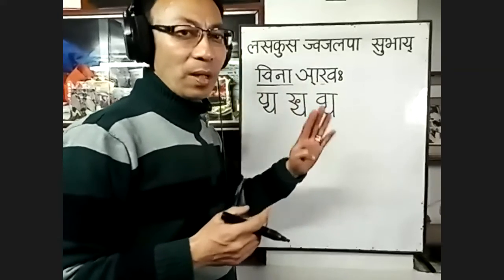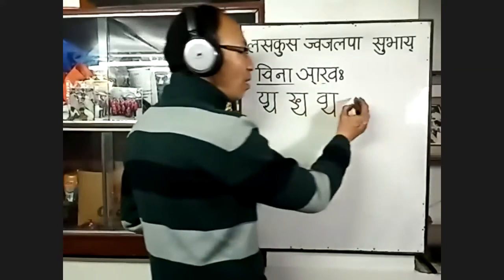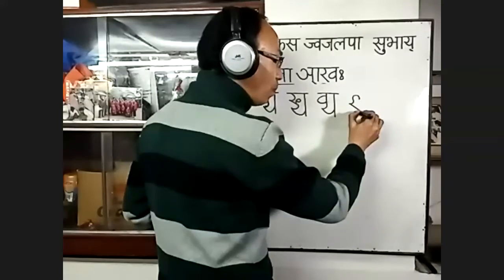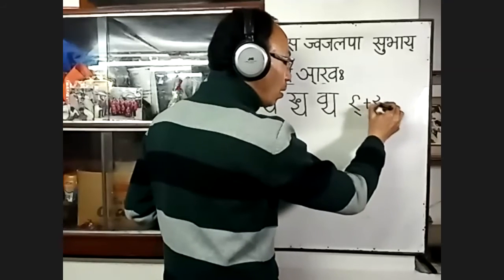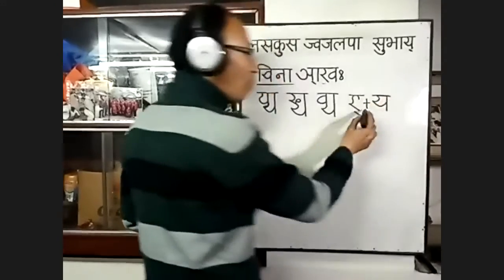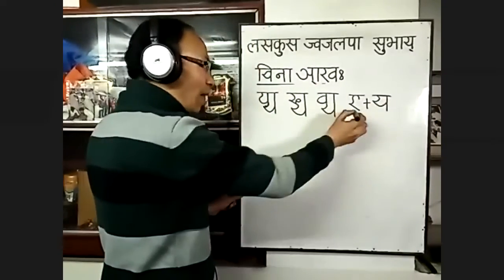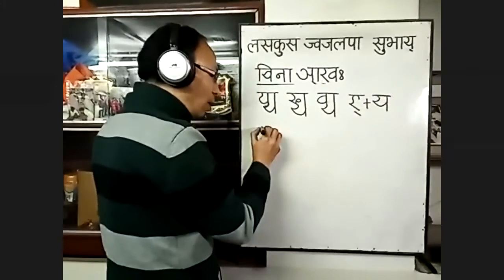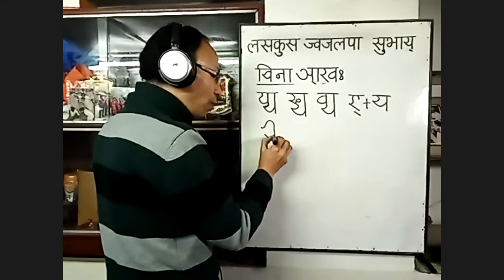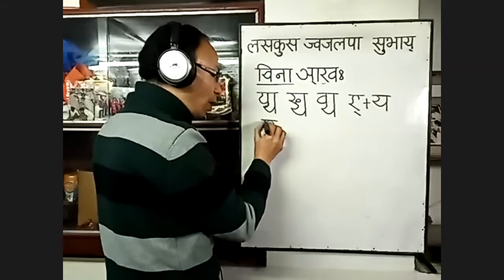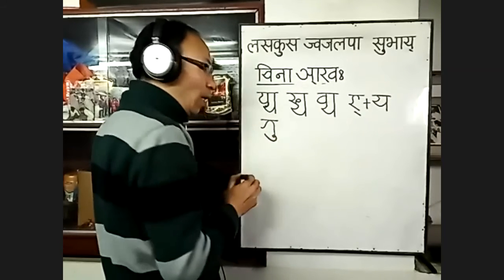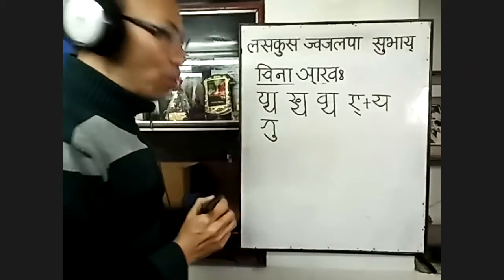So here the bha comes first, right? Bha plus ya. So when we write bhu, how do we write it? We write bhu like this. The bhu is one of the four letters written in this way. The ukar is written in this way. That is gu, tu, bhu, and shu.